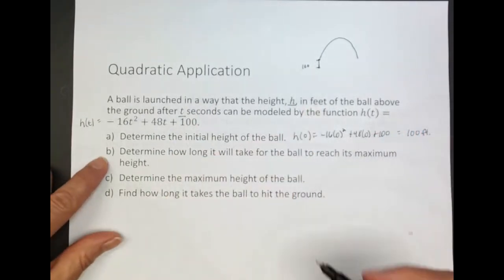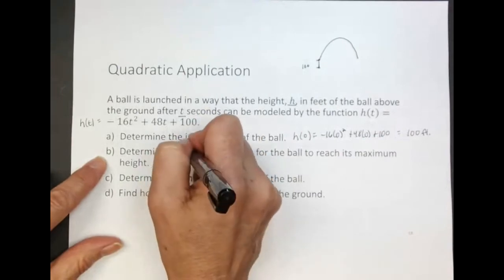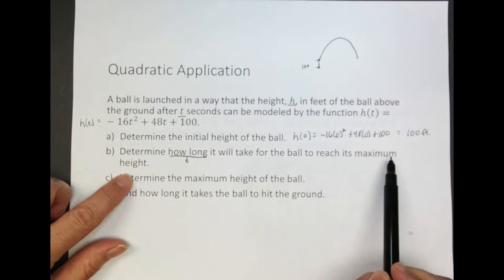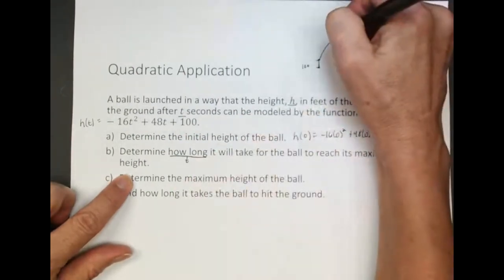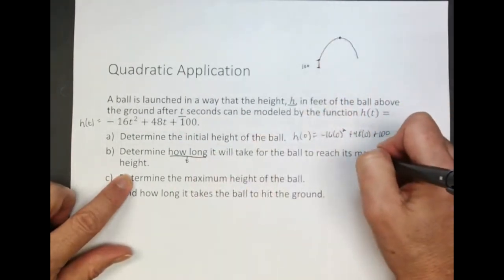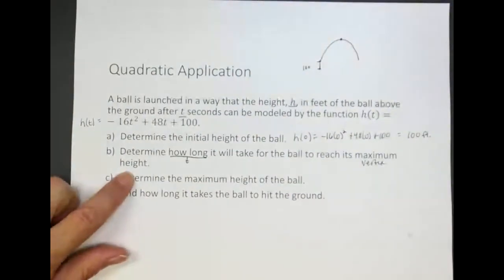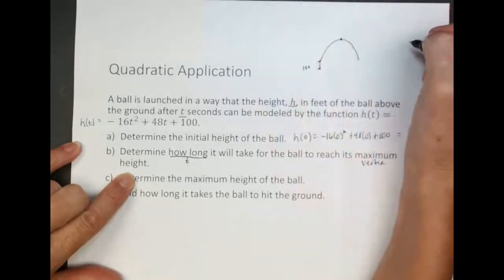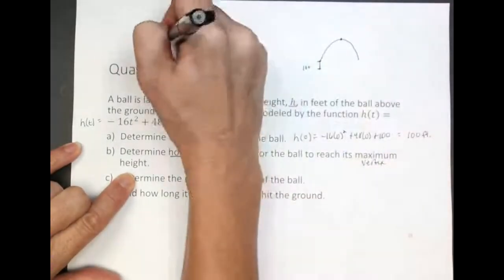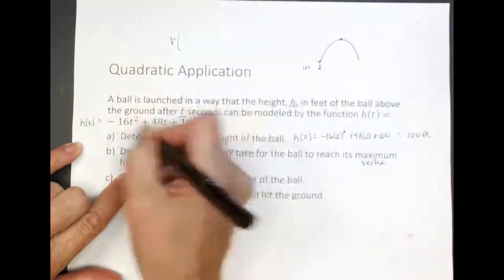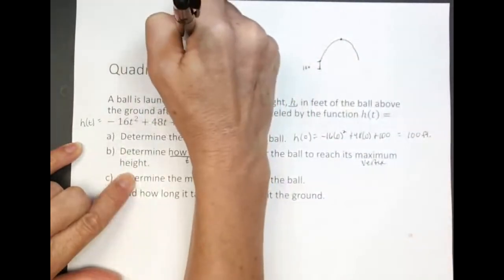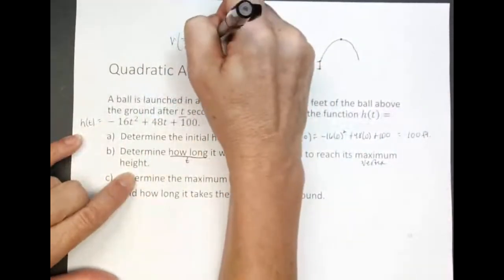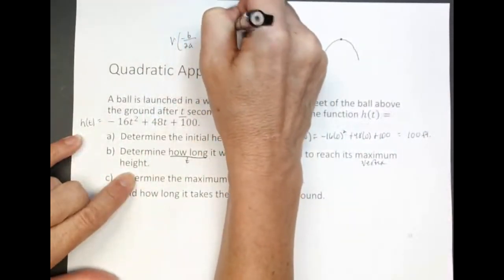Okay, so determine how long. Oh, that's going to be a t, right? Determine how long it will take for the ball to reach its maximum height. The maximum height, well, that's up there at the vertex, right? The maximum is going to be at the vertex. So we're going to find t at the vertex. We know that the vertex, from an equation in standard form, is negative b over 2a, and then h of negative b over 2a.